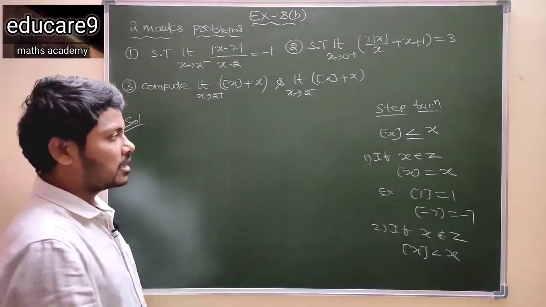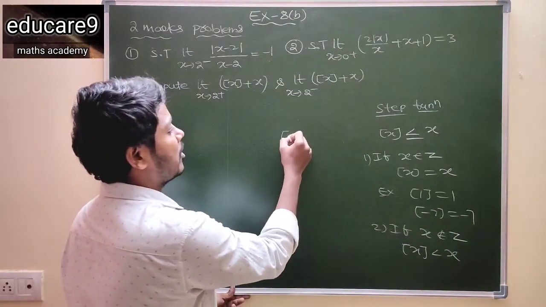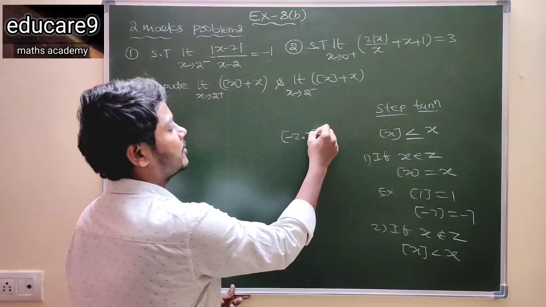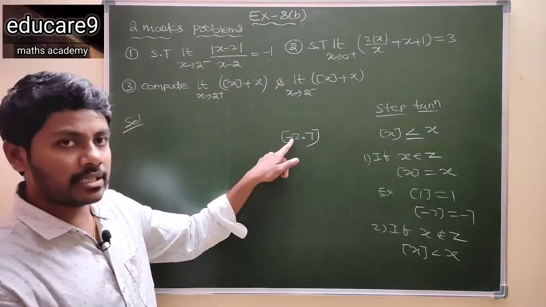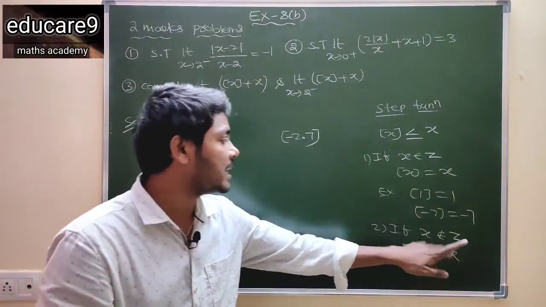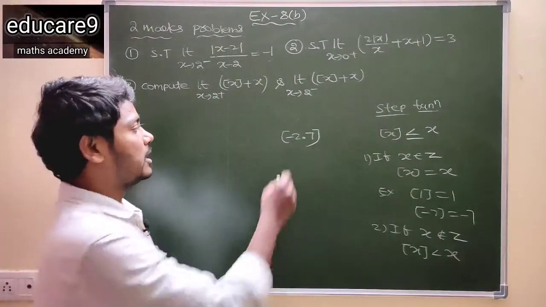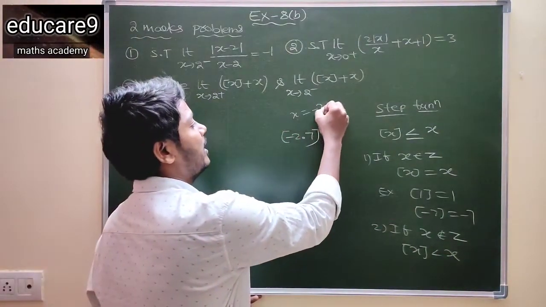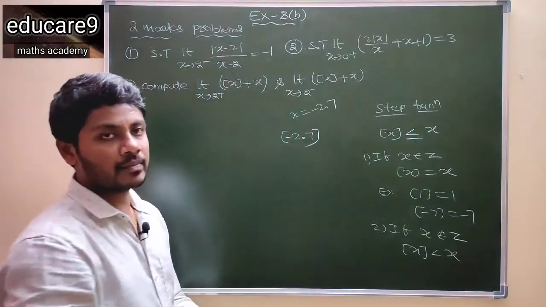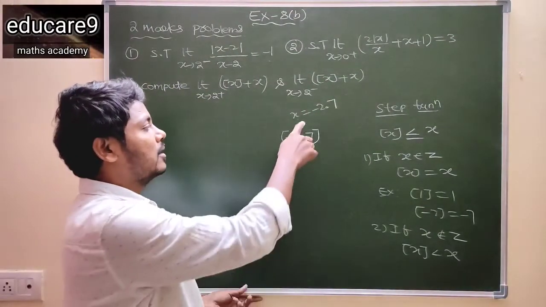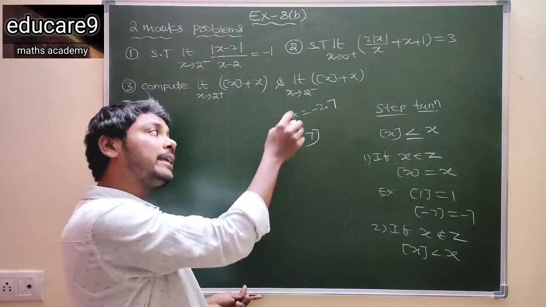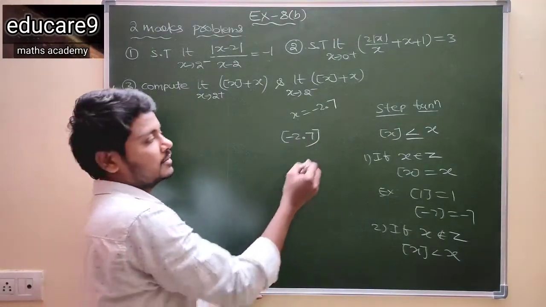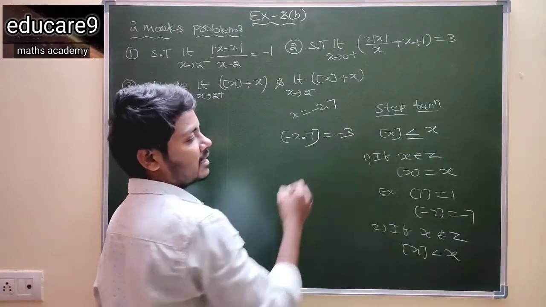See here, for example, step of minus 2.7. Clearly this is not an integer, so the value is less than x. Here x is equal to minus 2.7, and the value is less than this value and nearest to minus 2.7. So clearly that is minus 3.